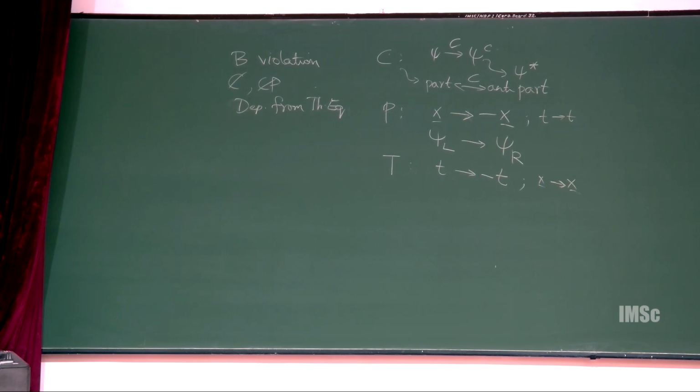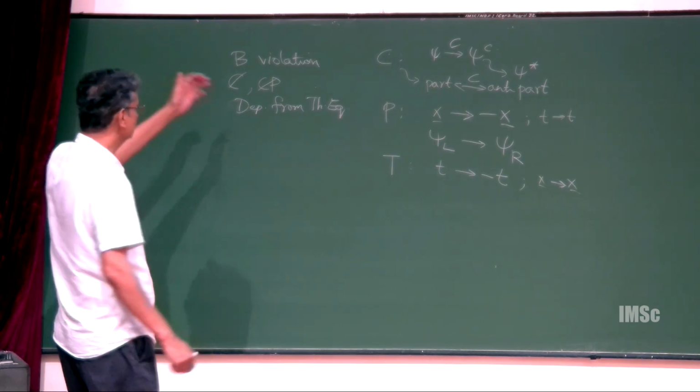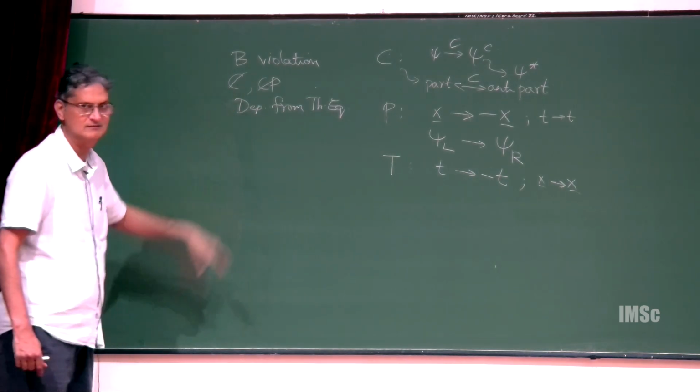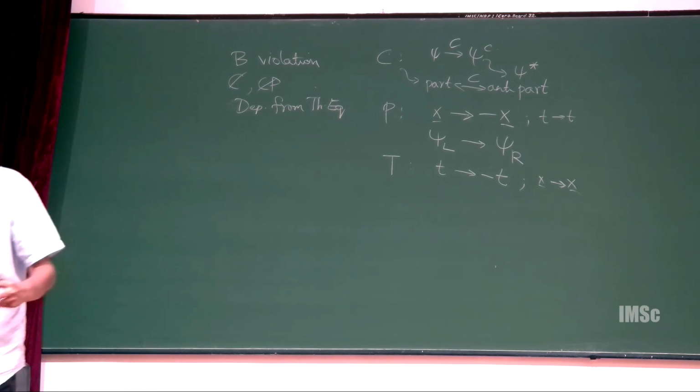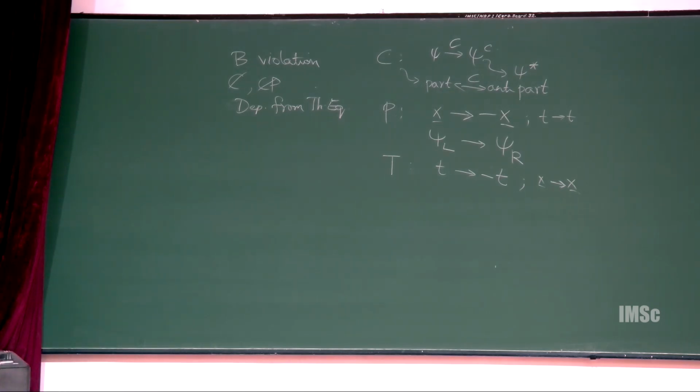Rather than doing lengthy calculations, if you just appreciate that there is this symmetry or there is not this symmetry, especially when there is a symmetry, it will have consequences which are easy to state, and without doing any lengthy calculations you can get at the result if you keep track of these symmetries. We didn't do any calculation, but we said that if there has to be a departure in the baryon number, you must have C violation.